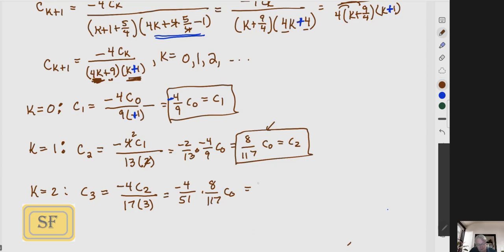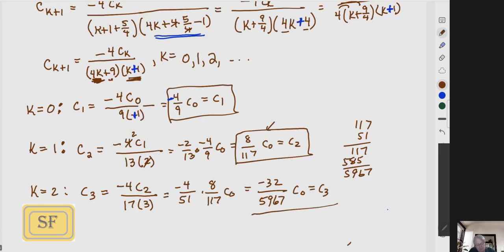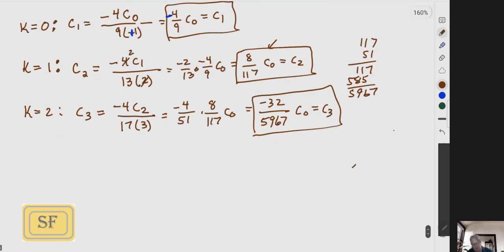We're going to get negative 32 over whatever 117 times 51 is. That's 5967. Wow. C0. That's C3. I'm glad I'm not going to any further steps there.